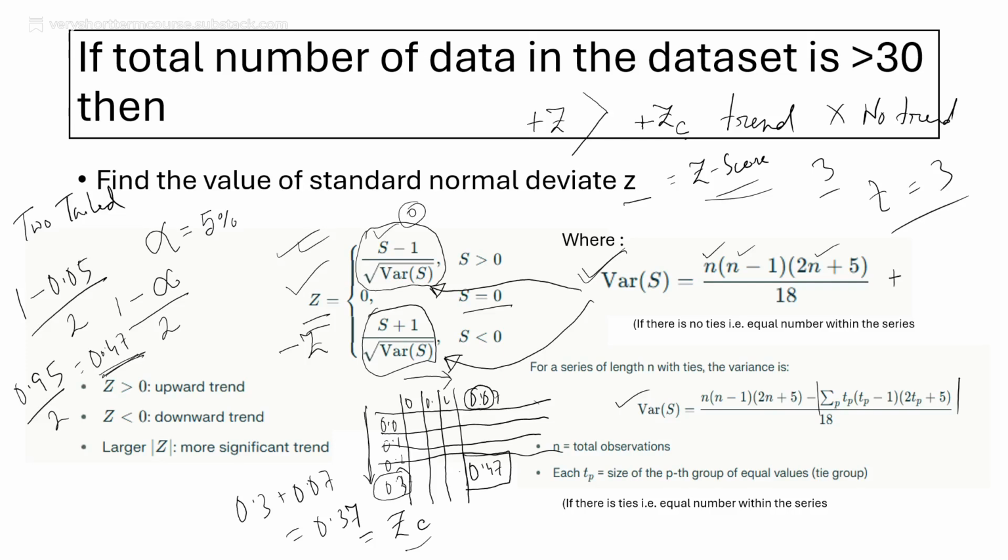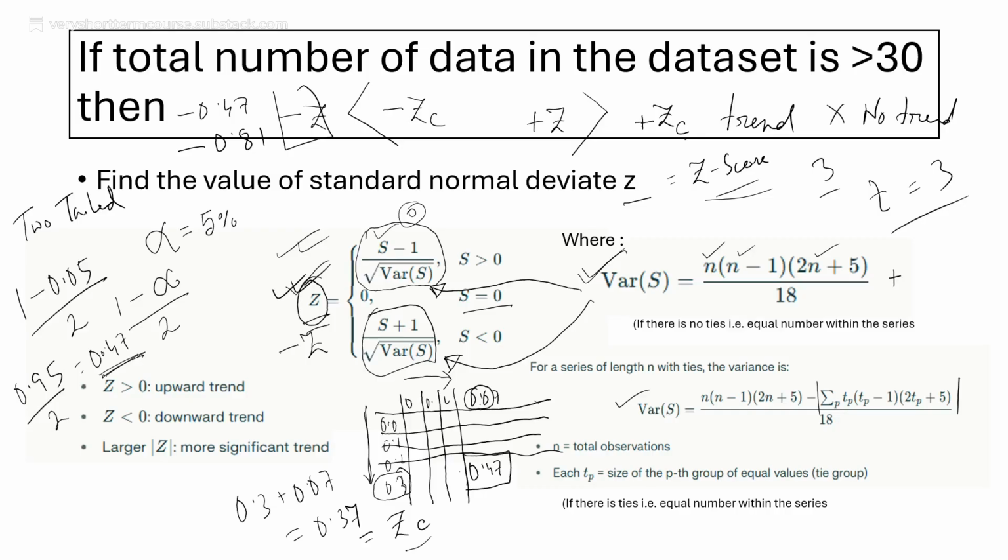Again, if you have a negative Z and a negative critical Z as well, then your negative Z must be more negative compared to the critical Z. Suppose the critical Z is minus 0.47, and the Z you have scored with this formula is minus 0.81. Then your data has a trend. Otherwise, your data has no trend.